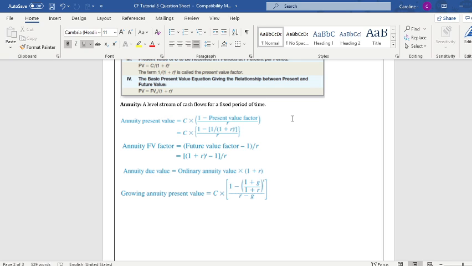You receive or pay the series of cash flows in that period of time only. Another characteristic of the annuity is that the amount of the cash flow is the same, or if it is not the same amount, it grows at a constant rate. So there needs to be a constant growth rate.